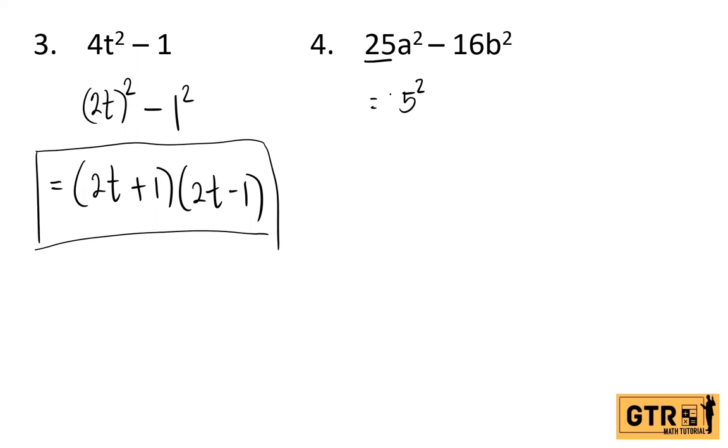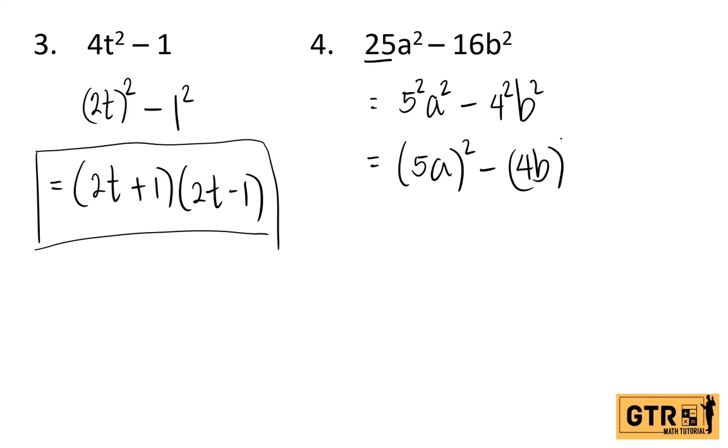So pwedeng ganito muna ang gawin natin, 25, 5 squared and then just copy a squared, minus yung 16, pwedeng isulat yan as 4 times 4 or 4 squared and then just copy b squared. And then by law of exponents, pwede pag-isahin to dahil parehas squared yan, so pwedeng isulat yan as 5a squared minus 4b squared.